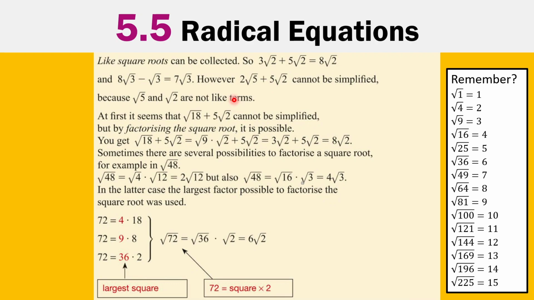For example, if you're going to take a look at root 18 plus 5 root 2, remember we can factorize this. We kunnen een factor voor het wortelteken brengen, noemen we dat in het Nederlands. Root 18 can be rewritten as root 9 times root 2. Remember this long list that I asked you to memorize in second grade?